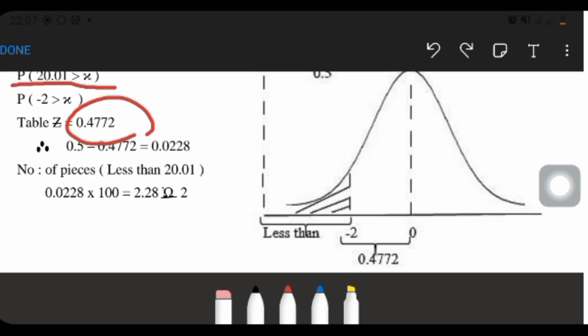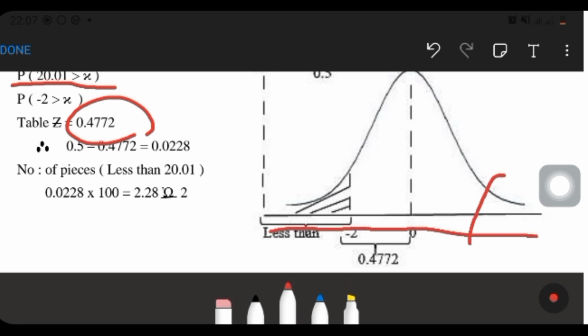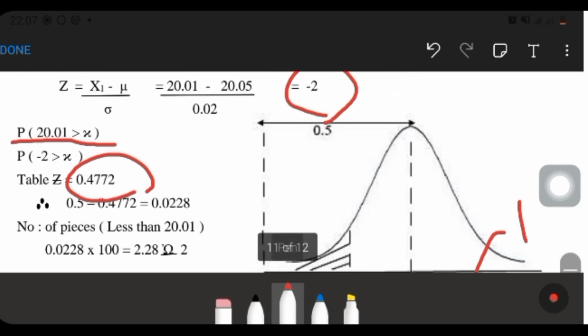As I mentioned earlier, the value of the entire axis is 1. Then we get two equal parts. Here you can see the equal parts of that graph. So the value per half is 0.5. So I have taken 0.4772, relative to -2, as the table value. We are asked for the length less than 20.01.